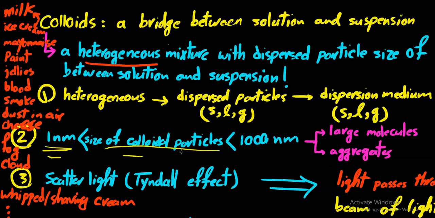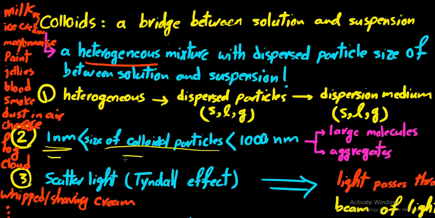Again, different references mention different particle sizes for colloids, so it's really important to know which reference you are reading the materials based on. So try to understand and memorize the numbers based on that reference.